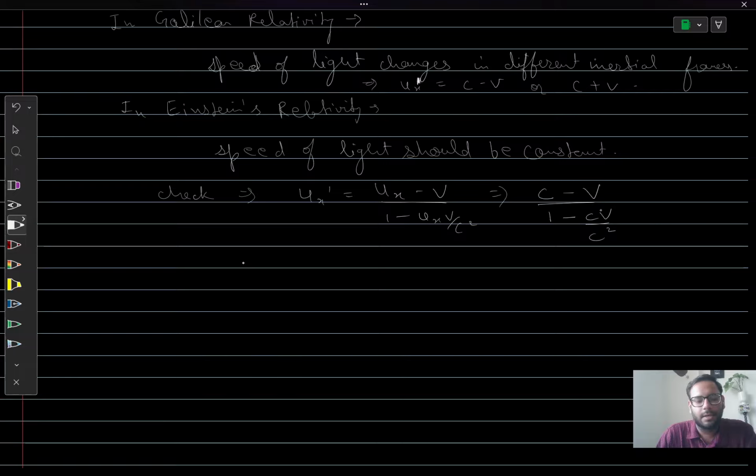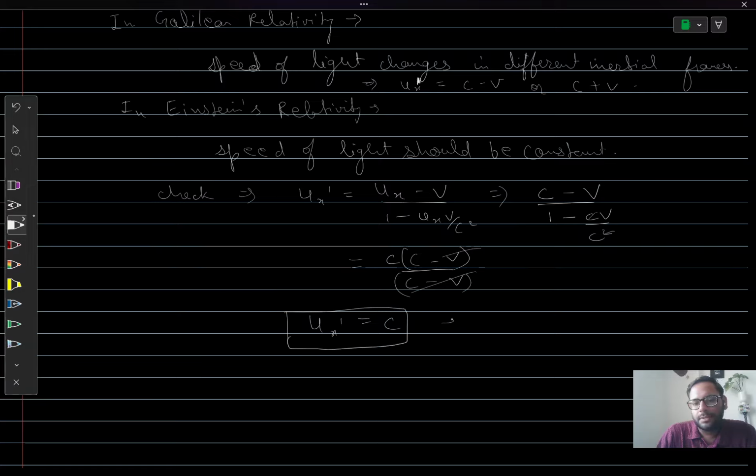And v is not c, sorry, yeah, it is correct. v is just the velocity of the S prime frame. So it will be cancelled out, okay? And by taking the LCM, you will get this form, c minus v, and this will be cancelled out. So this will be like this.